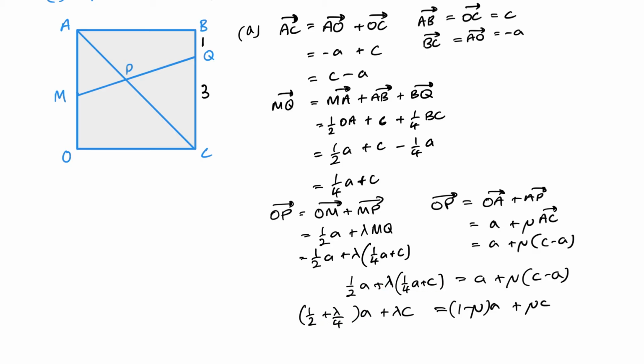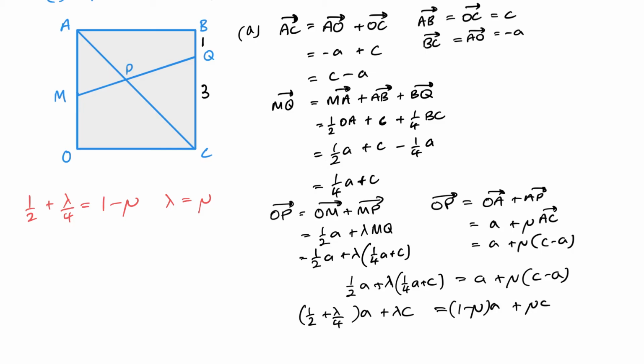Now comparing my A's and my C's, I'll do that just in red, so it's easy to see. So we get lambda a quarter equals 1 minus mu, and my second comparison is comparing the C's, and I've got lambda equals mu. So they're essentially the same size, so it doesn't matter which one I use.